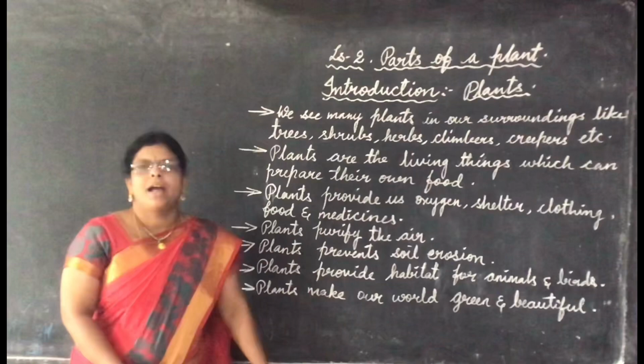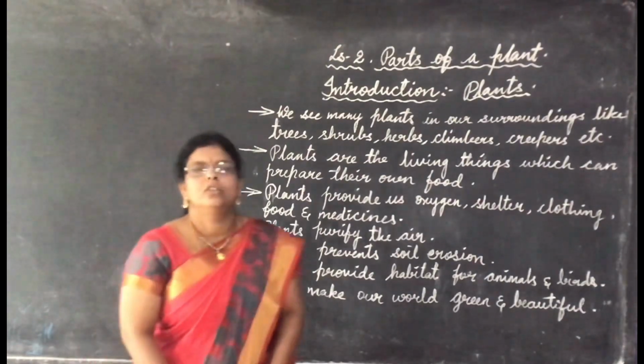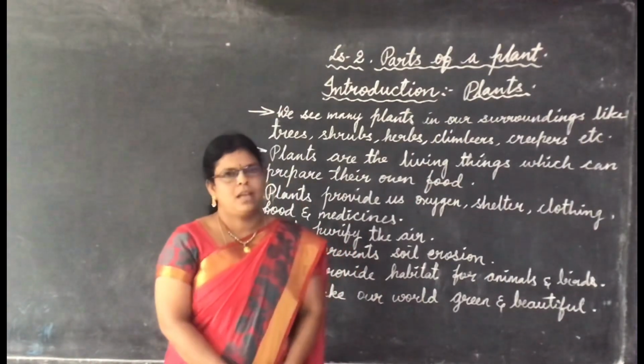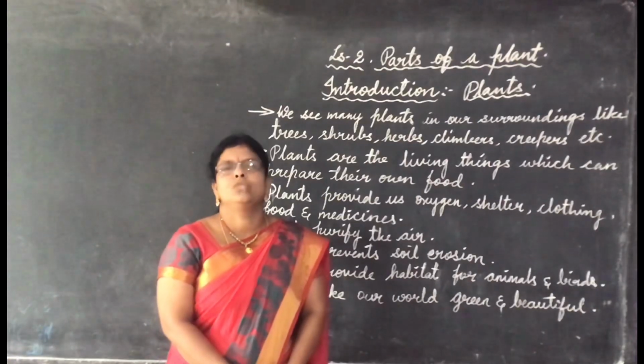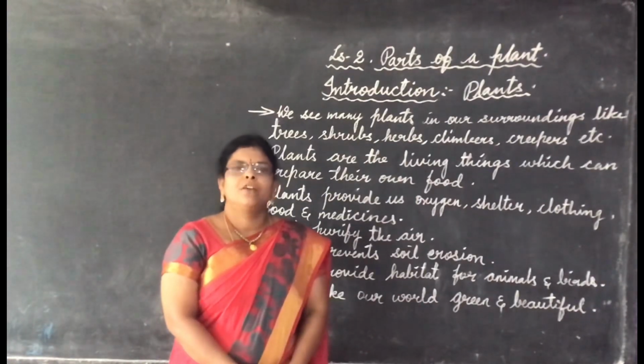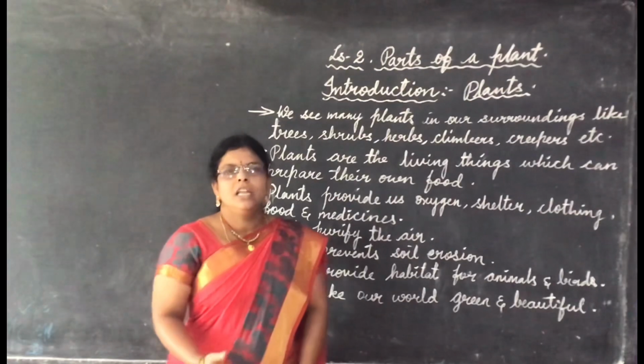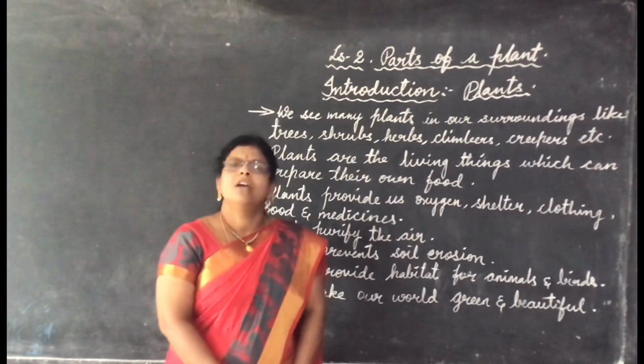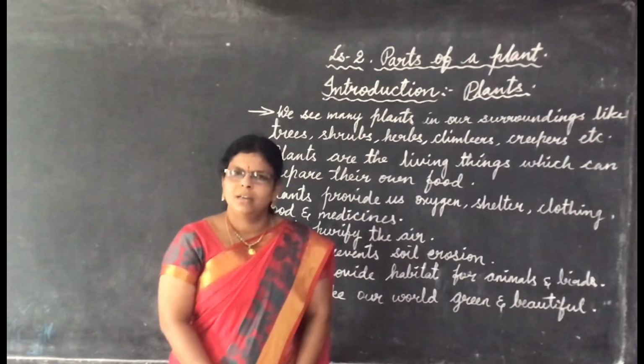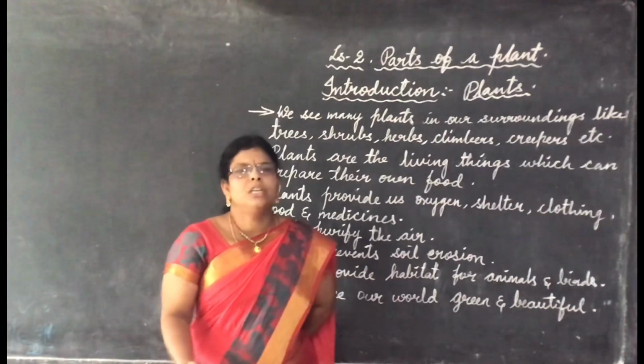Okay, then see here, food. Every part of the plant is used as food material, like fruits, vegetables, leaves, stems, flowers. Even roots also.